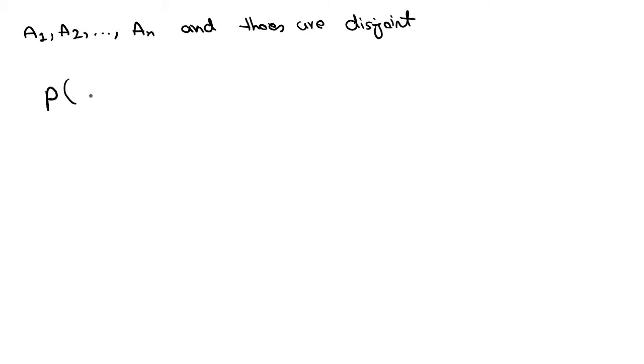Consider a series of sets like A1, A2 to An, and those are disjoint. So we could say probability of the union of these sets equals the summation of the probability of each one. This is an axiom.